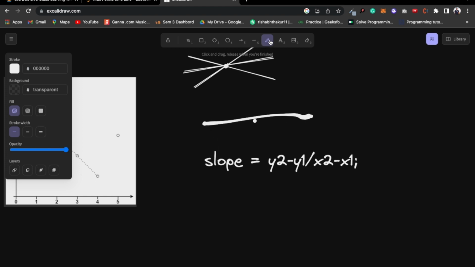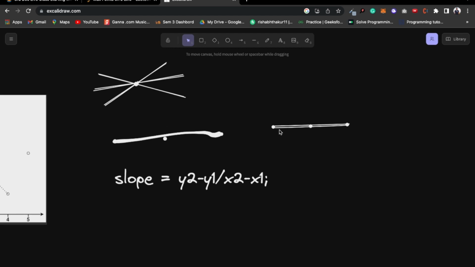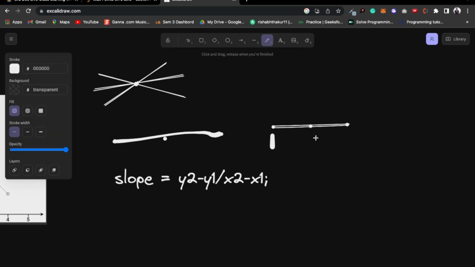So we can say that if the points lie on the same straight line, then their slopes must be equal. Let's assume that this is point number one, this is two, and this is three.